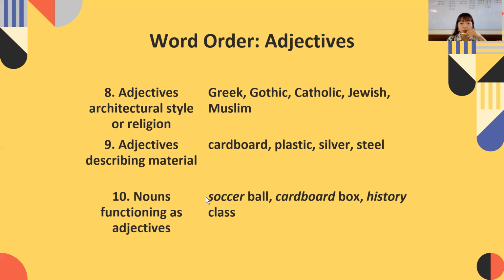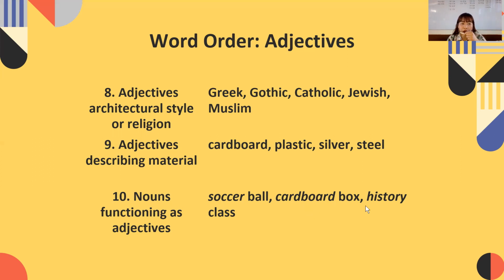Soccer is a noun, an example of a sport. But it functions as an adjective in the phrase soccer ball because in sports there are different types of balls. There is a different ball used for basketball, for volleyball, for soccer as we have here, for rugby, and so on and so forth.